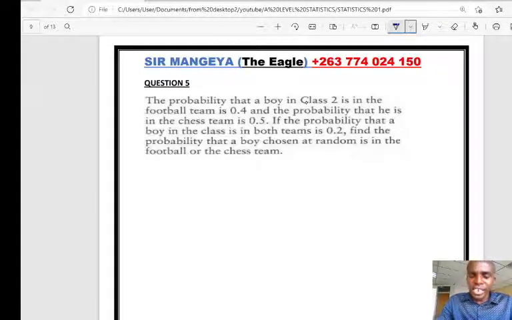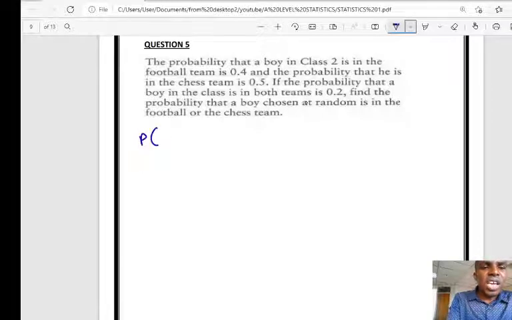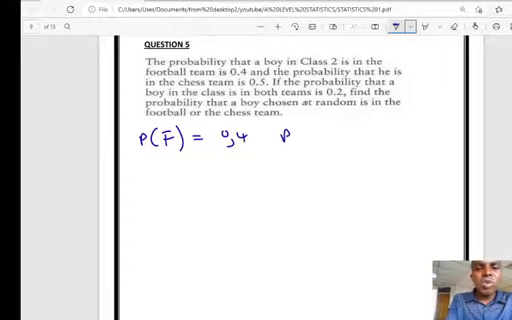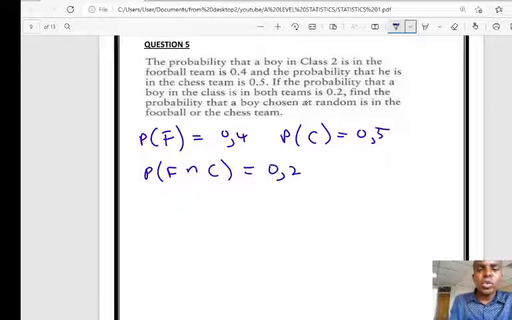Football or chess team. This one, you can also say probability of football team, F, is equal to 0.4. Then probability of chess is 0.5. Probability of both football and chess, both teams, is equal to 0.2.